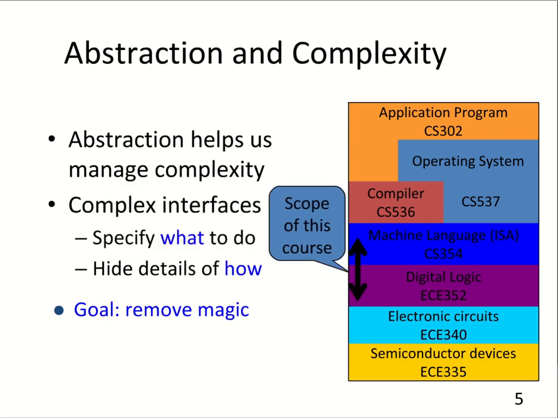Basically, the scope of this course is to bridge the concepts you learned in 352 and the concepts you learned in 354, and to show how the two meet and how we can actually build, using the digital logic building blocks from 352, an entire system that is able to execute programs that are specified in this machine language.